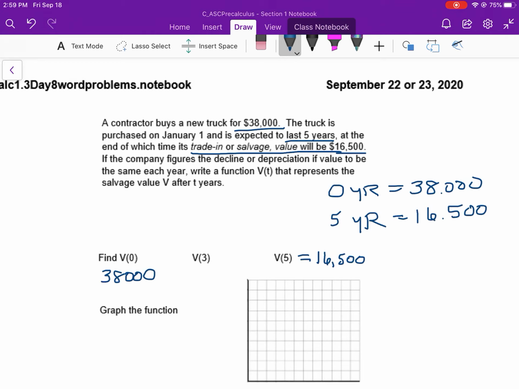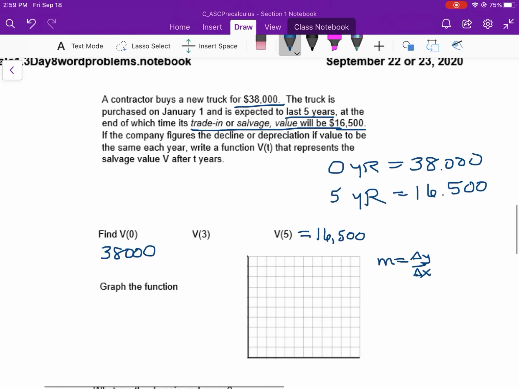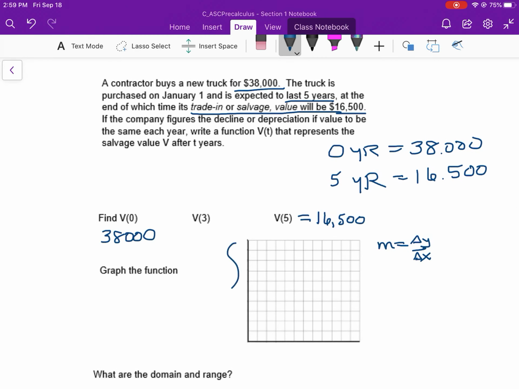So can we find, let's say, a slope? All right, let's try finding a slope. Slope is the change in y over the change in x. In our case, our y value is the value, right? V of t is the y value, so this is my money over here. And t, that's my time, that's going to be down here at the bottom.